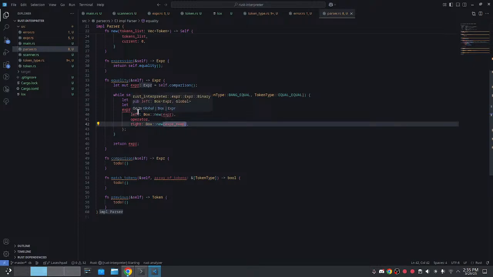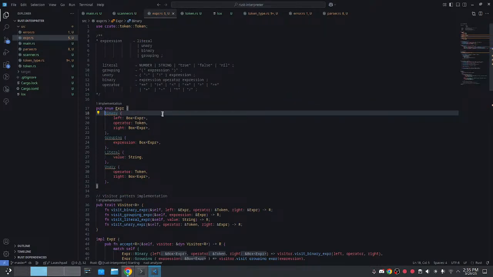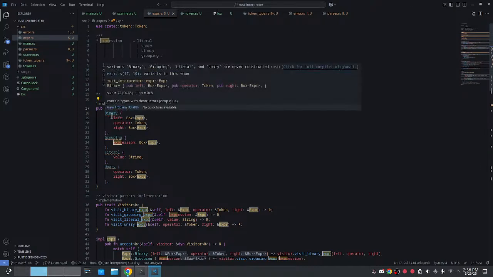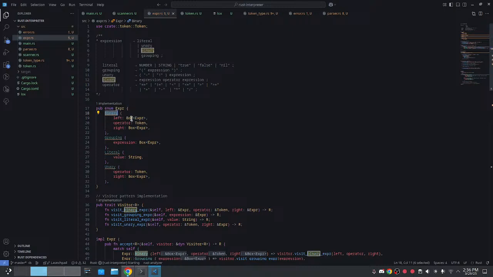The error here is basically that this is a recursive thing, right? If we are just calling expr, then expr binary, then inside the binary there is also an expr, this would in turn call the expr binary, and the list would go on, right?